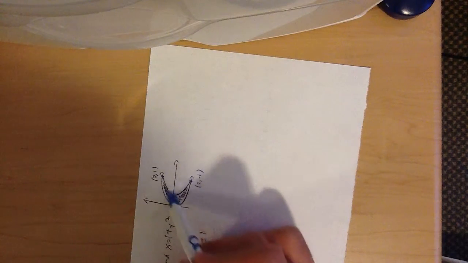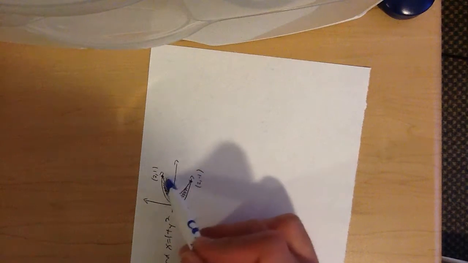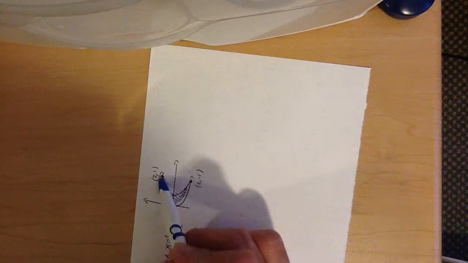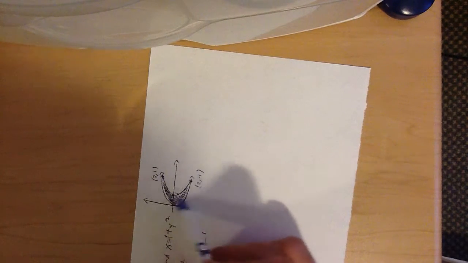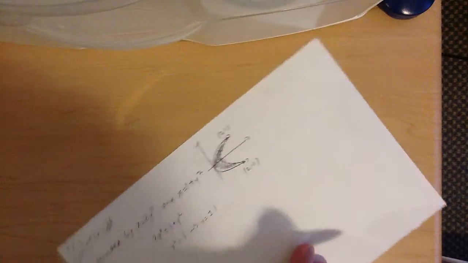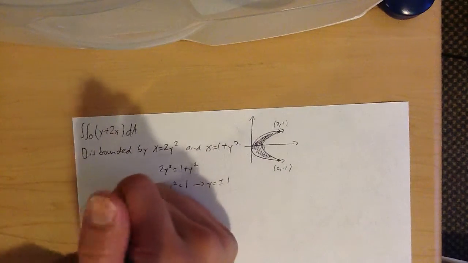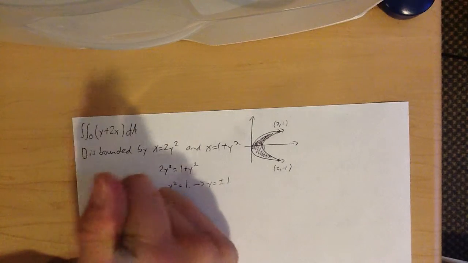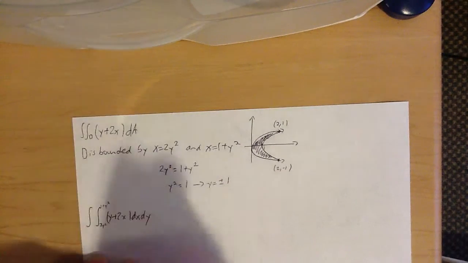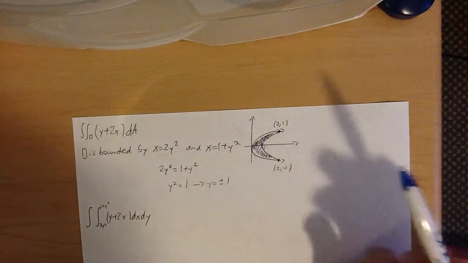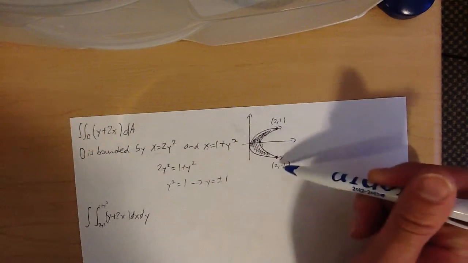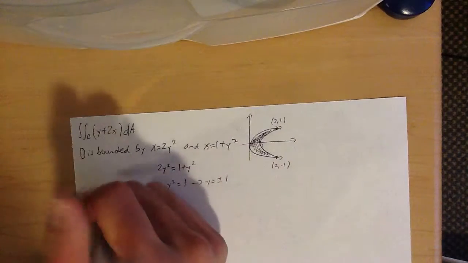This would be your uppermost x bound, this function over here, which is the 1 plus y squared function, and the lower one, the 2y squared function, is your lowest x bound. So we plug in 2y squared and 1 plus y squared. Now for y, we could simply get the y bounds, which is from negative 1 to 1.